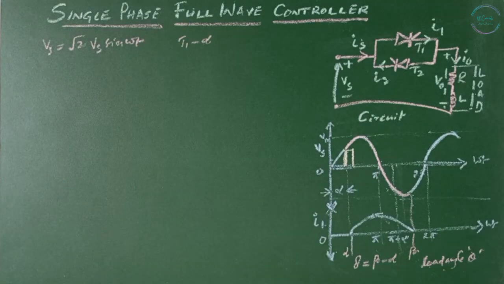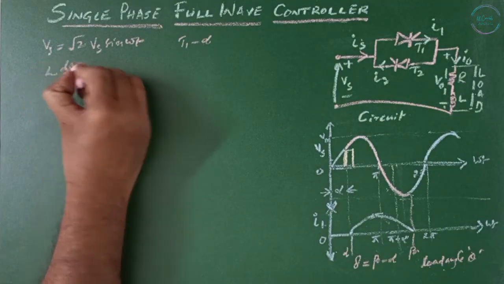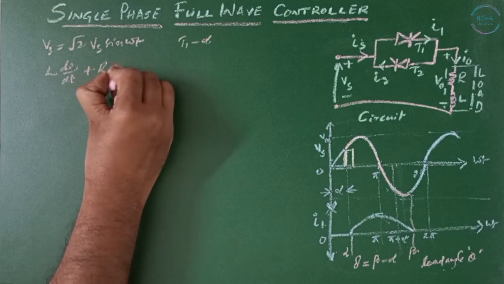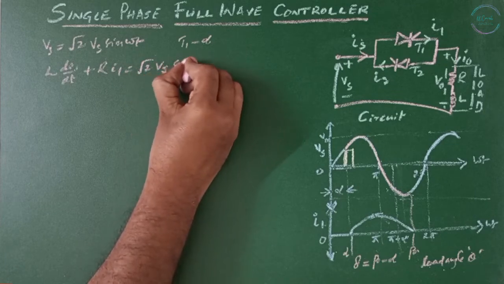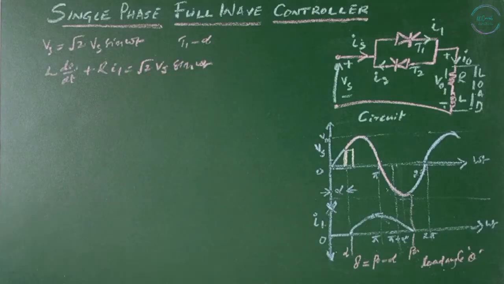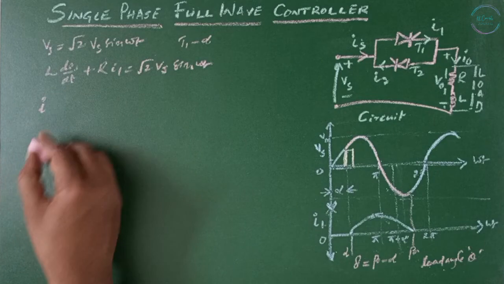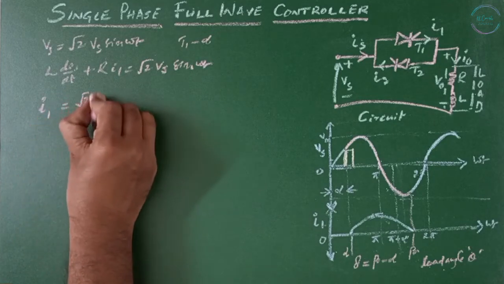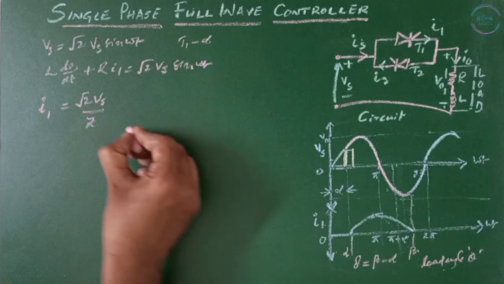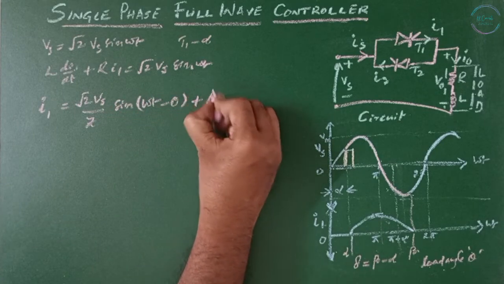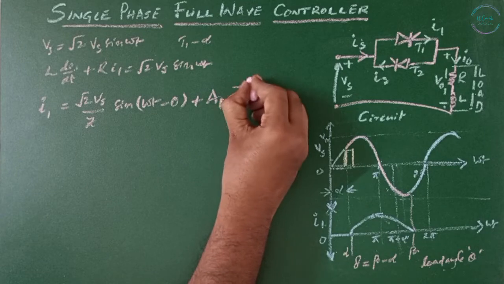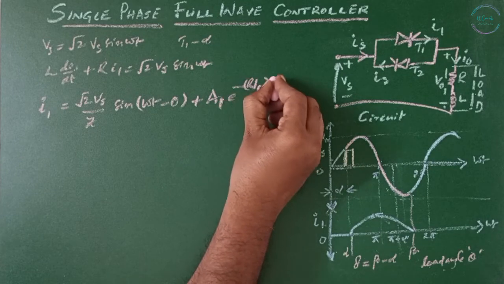Thyristor current I1 can be found from L di1 by dt plus R I1 equals root 2 Vs sine omega t. Now the solution for this is I1 equals root 2 Vs by Z sine of omega t minus theta plus a constant A1 e to the power of minus R by L of t.